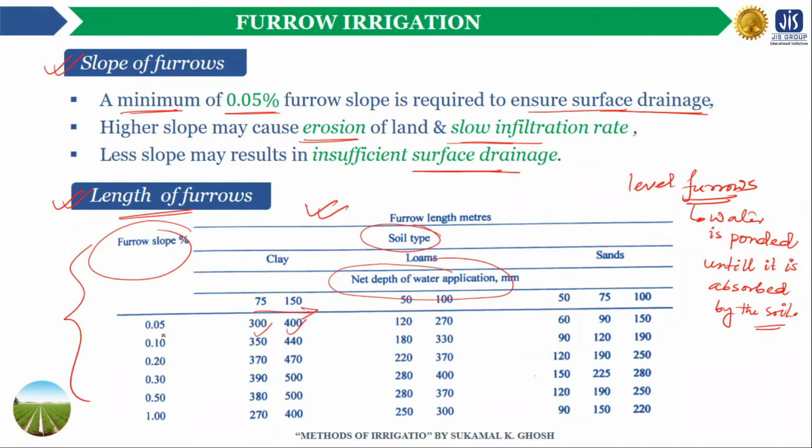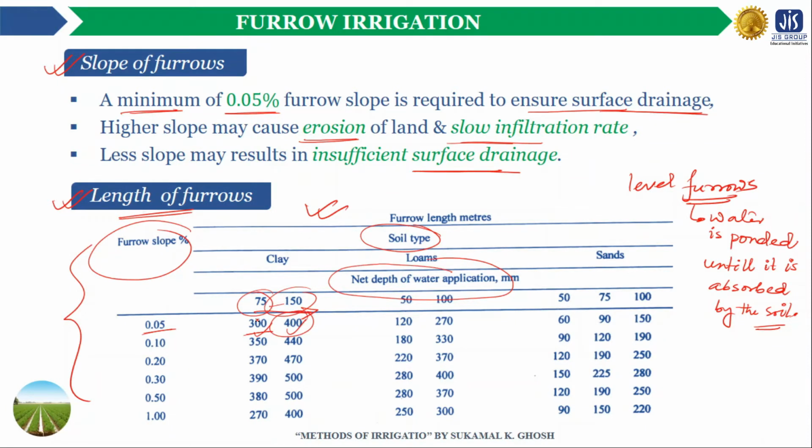You may observe that for 0.05% of slope and for a depth of 75 mm of water, the length of the furrow is 300 meters. But if we increase the net depth of water application from 75 to 150, then also the length of the furrow increases to 400.